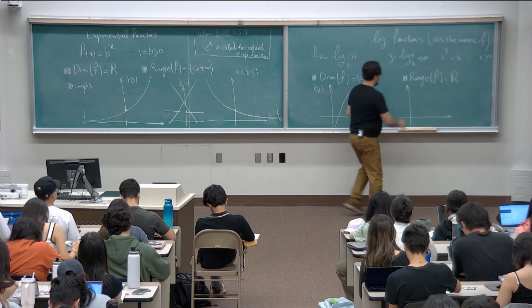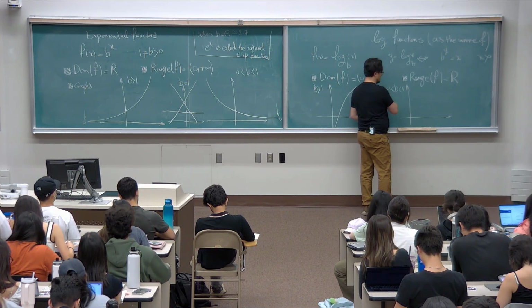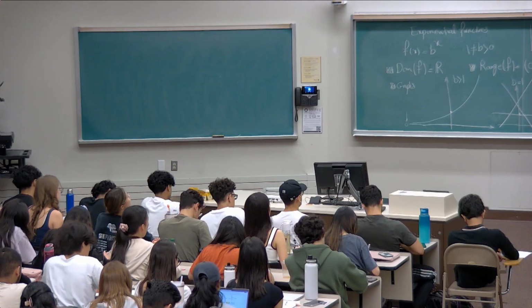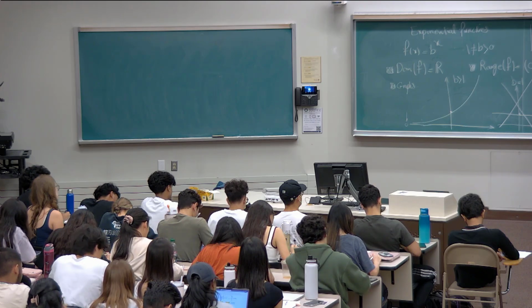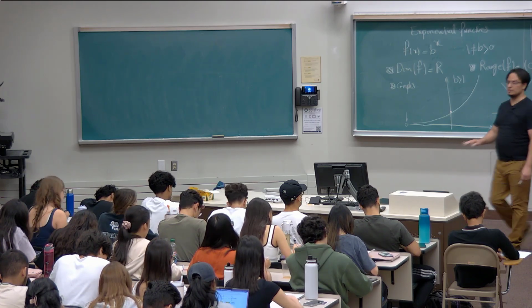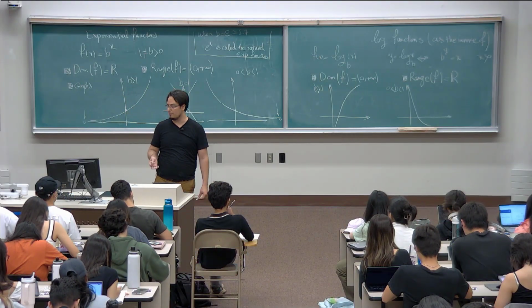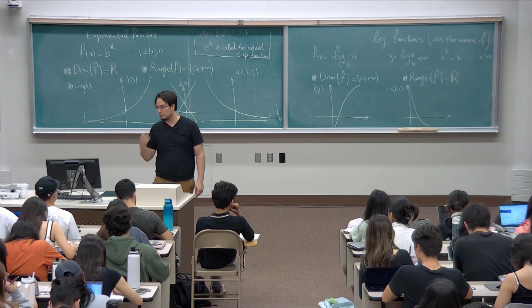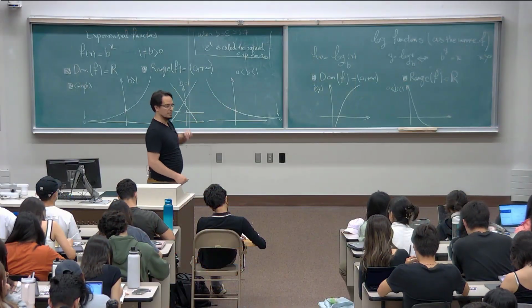For b less than 1, obviously bigger than 0, it will go like this. You have to know these functions, and you have to be able to use them when the time comes. You have to be able to say, yes, I know the graph, so that means this, that means that.